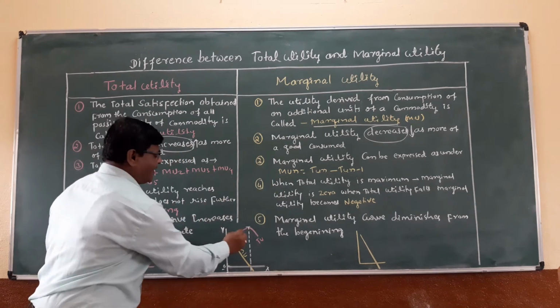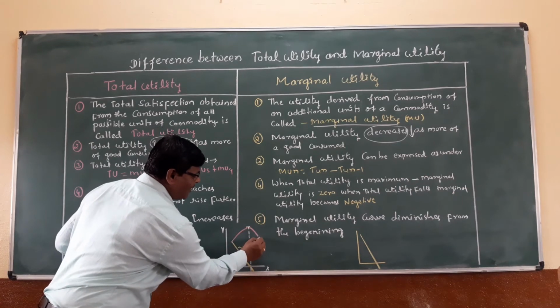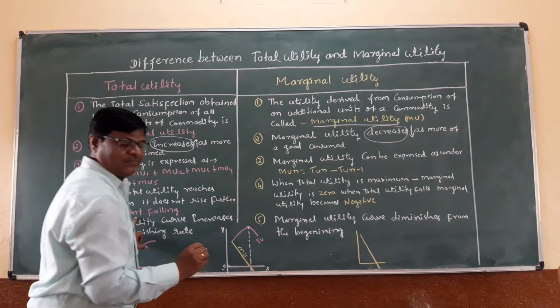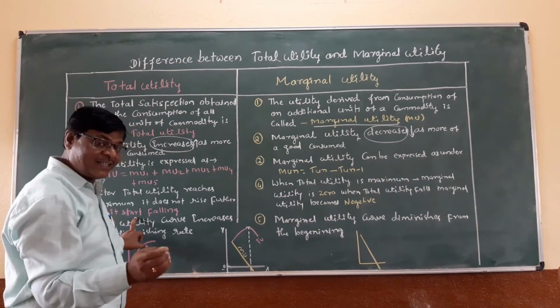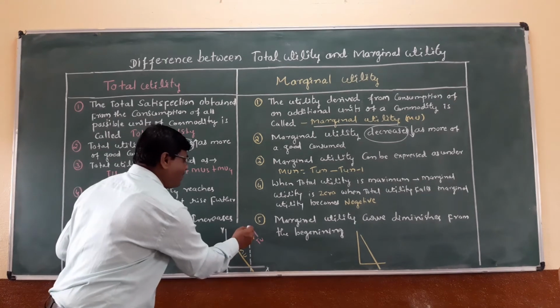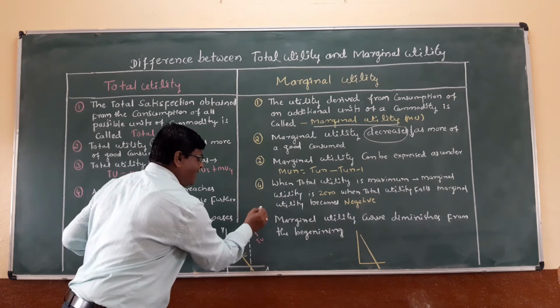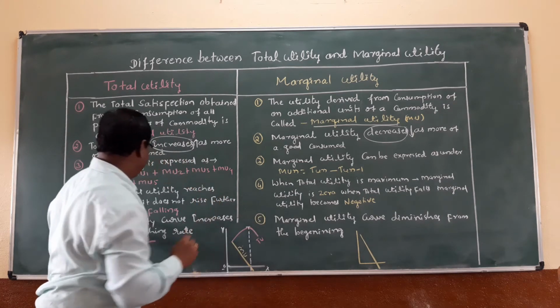It starts falling. After reaching the maximum point, total utility does not rise and it starts falling.